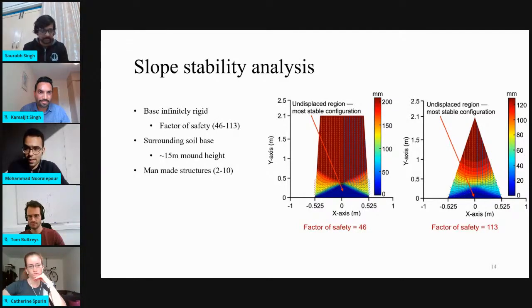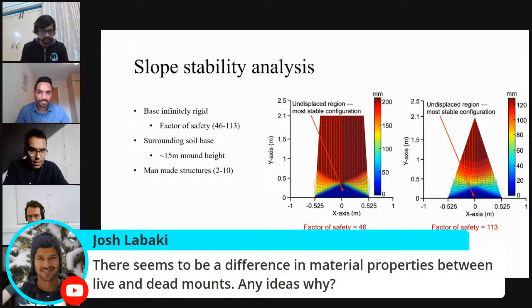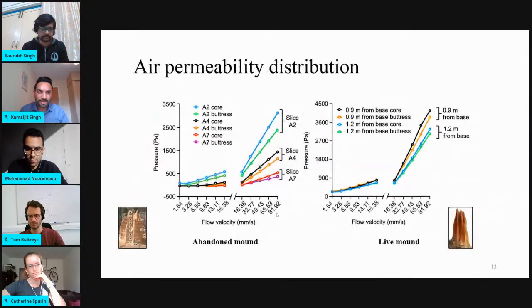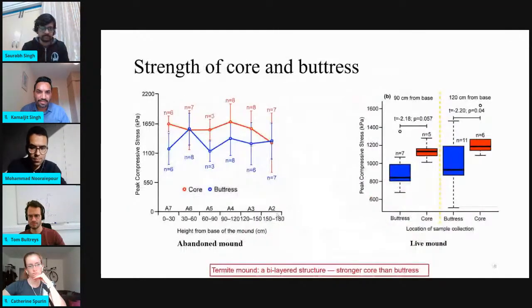Okay. And the last question. There seems to be a difference in material properties between the live and dead mounds. Any ideas about that? The difference is not so great. Let me go back to the presentation. If you see the abandoned mound, there's nothing going on.